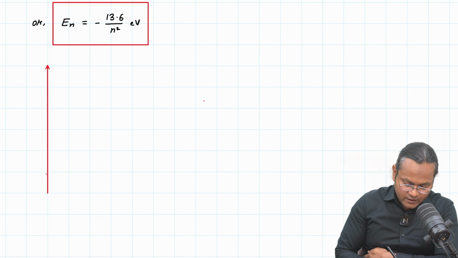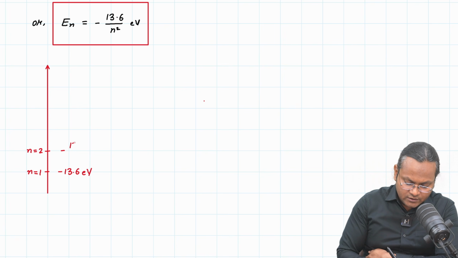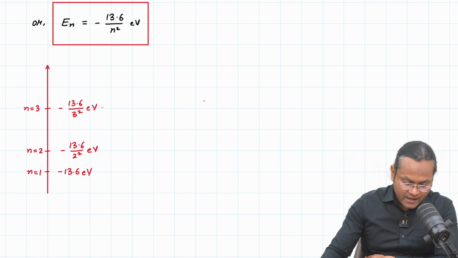Okay, so we can think of, let's suppose n equals 1. N equals 1 will correspond to minus 13.6 electron volt. Okay, we can think of n equals 2, which will correspond to minus 13.6 upon 2 square electron volt. We can think of n equals 3, which will correspond to minus 13.6 upon 3 square electron volt, and so on, right?